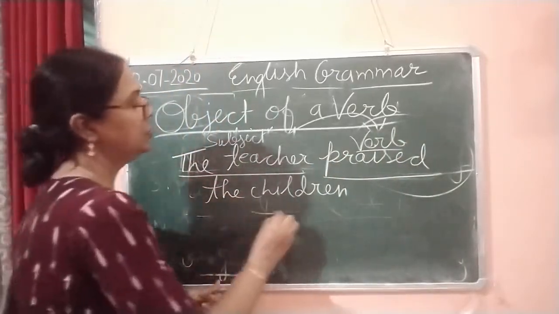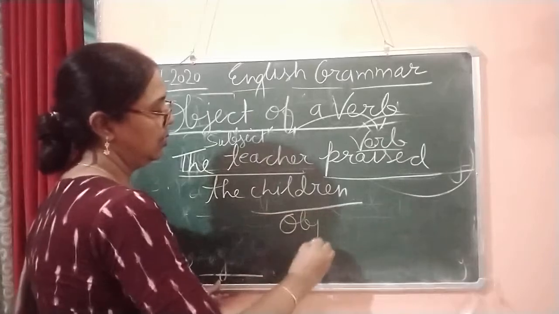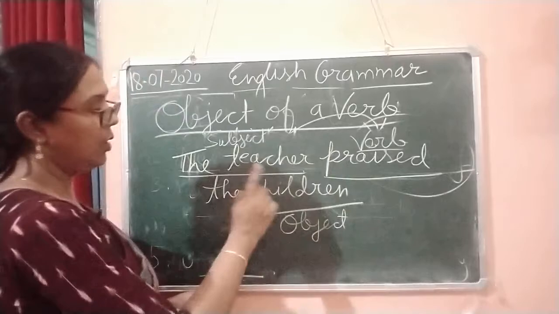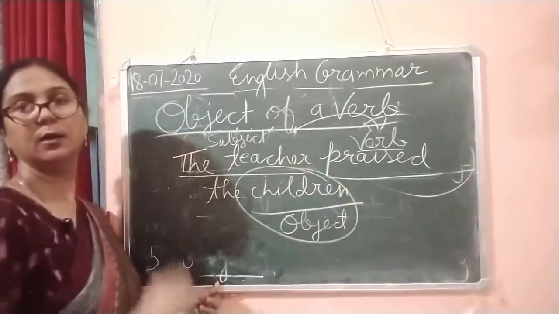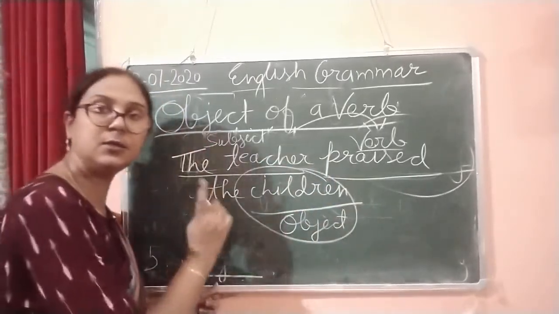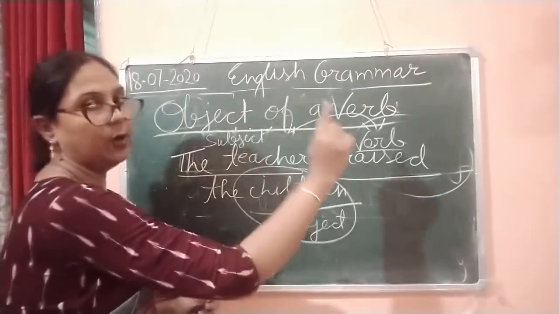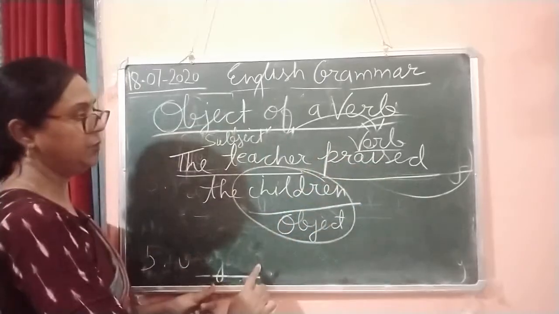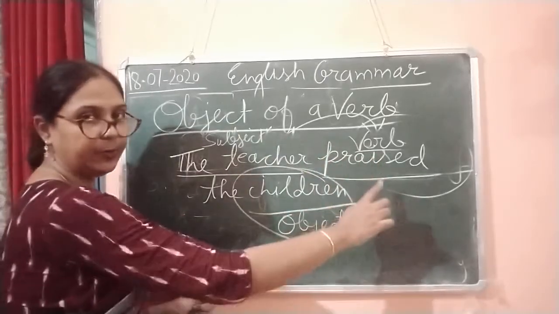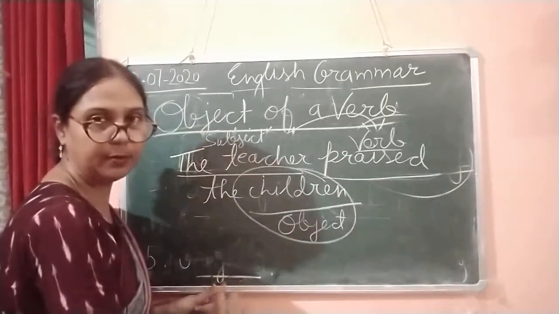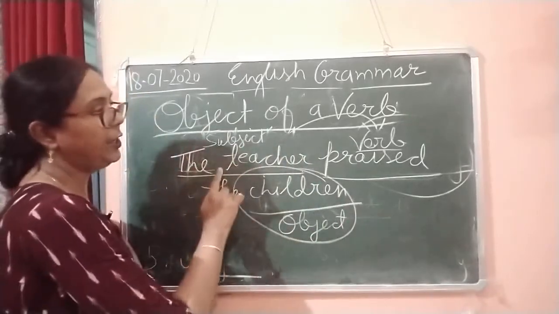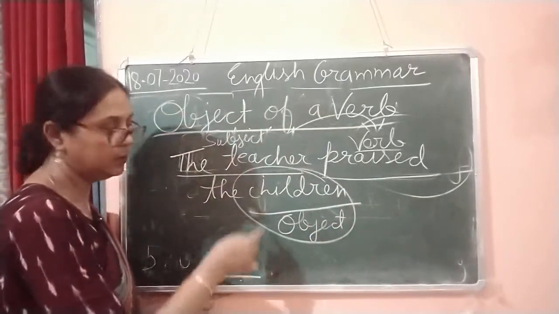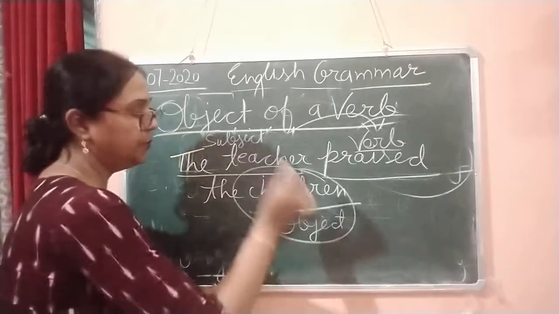She praised children. This is the object. The action is being done on that particular thing. So this is the object of a verb. Here you can see the relation between object and verb. So this is the subject, this is the verb, and the action is done on children. So this is the object.